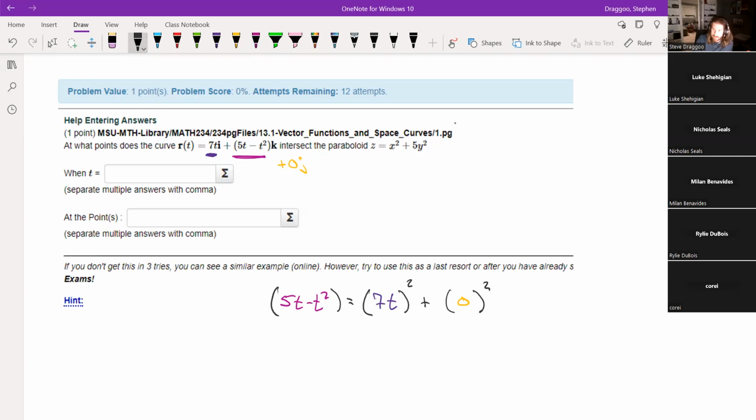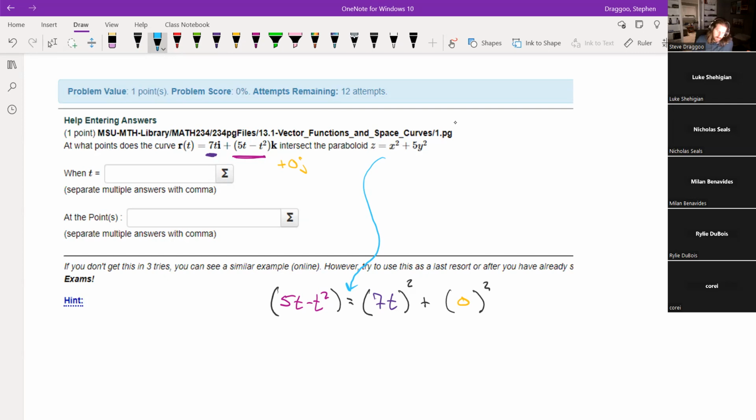To connect some ideas going on here, this equation is really the equation I'm using down here, but with each of the components from the curve plugged in. So I know if these two things are going to be intersecting each other, their equations should be equal.